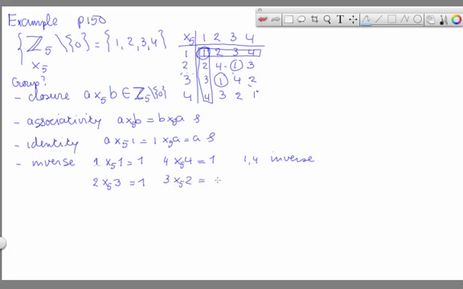I have to multiply with 3 to find the same identity. So 2 and 3 are each other's inverses. So we can conclude that this is indeed a group. It is a group. Yes.